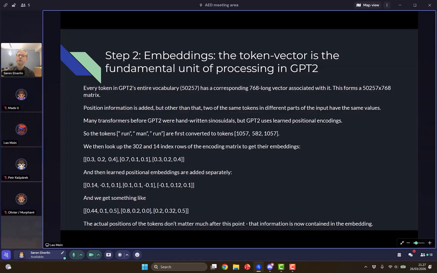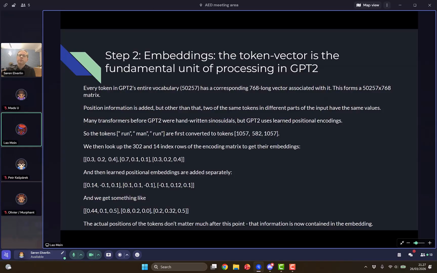Yes, I think it was just based on very simple Shannon information theory concepts. Anyways, moving on. So the fundamental unit of processing in GPT-2 is the 768 long vector.